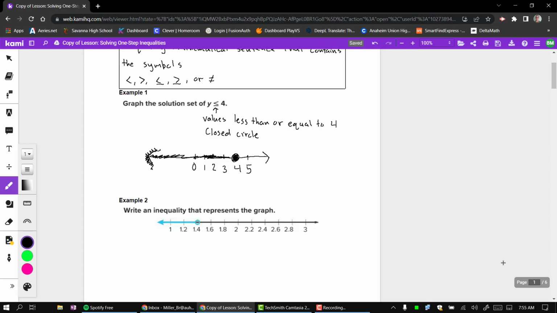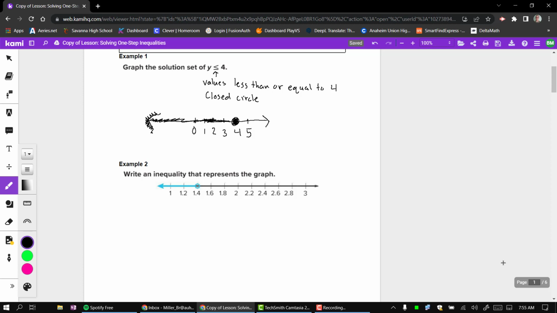So let's take a look at example 2. So example 2, now we're given the graph and we want to create an inequality statement. So this is an open circle. So that means we're going to have just greater than, or we're going to have less than. And then we want to see.